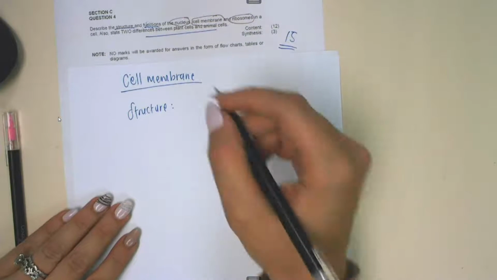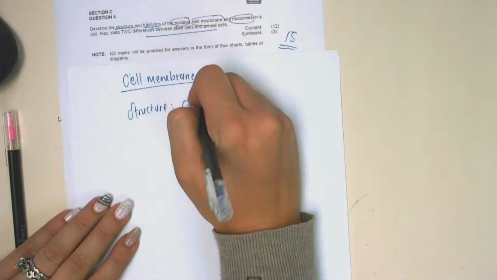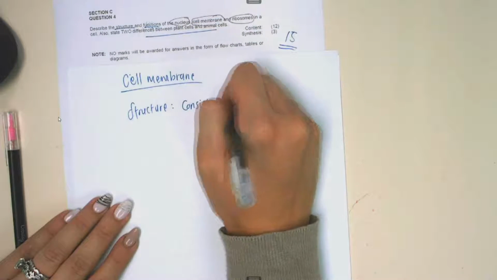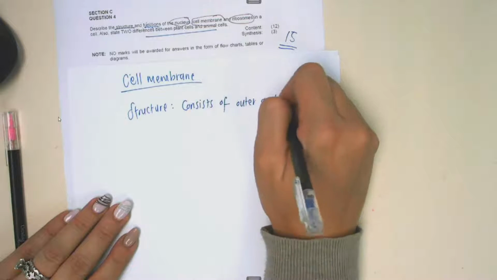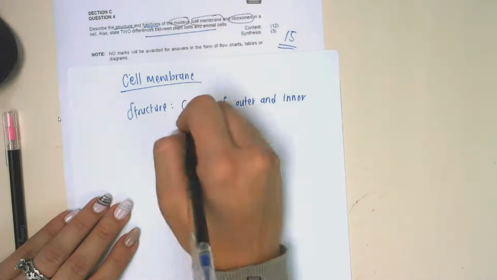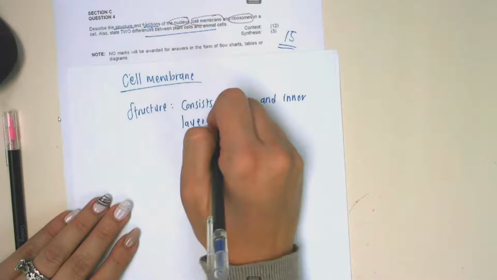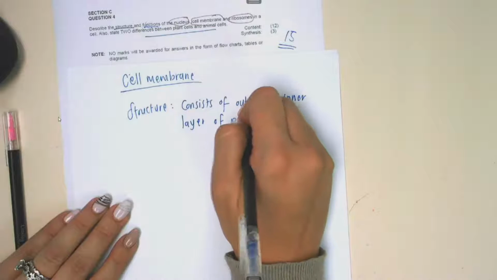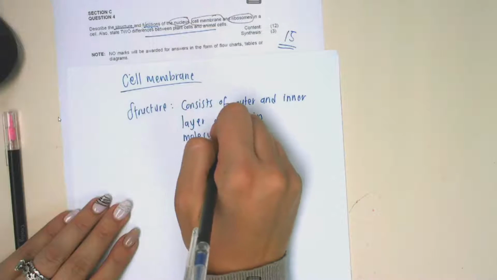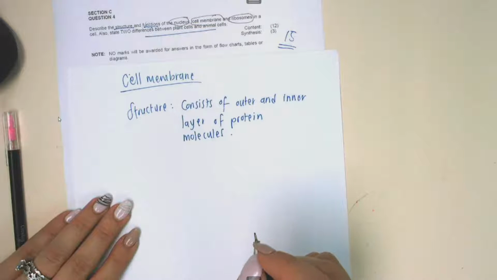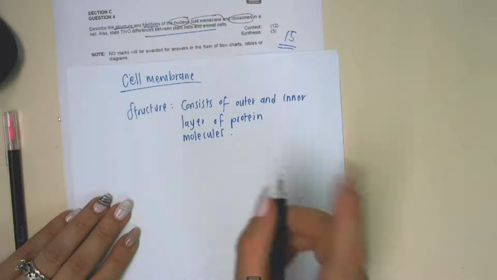So let's just say consists of outer and inner layer of protein molecules. And it has 2 layers of fat molecules.